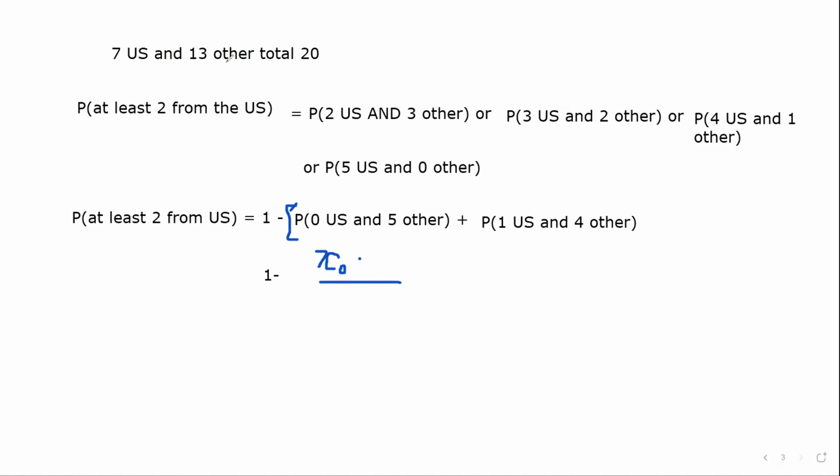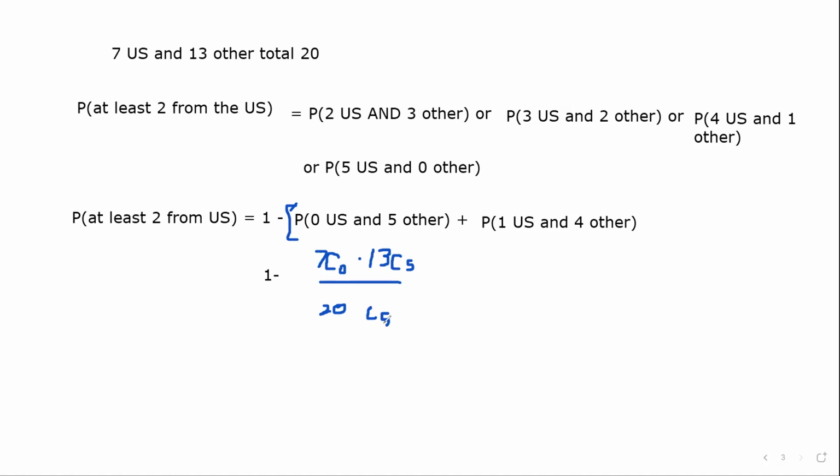So we go to our total of other, we get 13 choose 5, because we're choosing 5 from there. Now the bottom part of this is always 20, in this case, 20 choose 5. The bottom doesn't change, it's the top that changes.